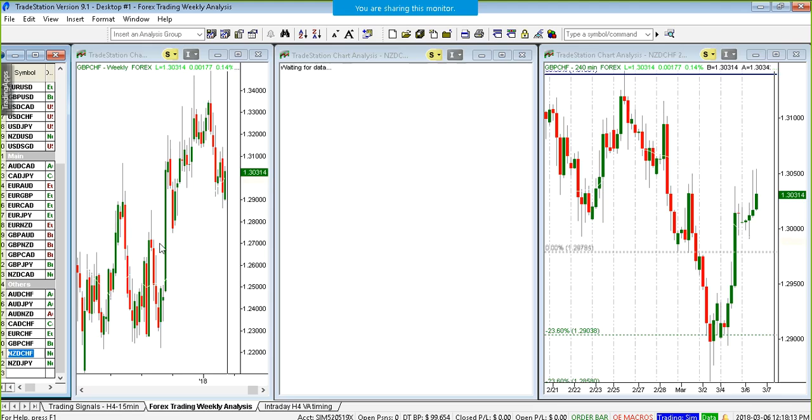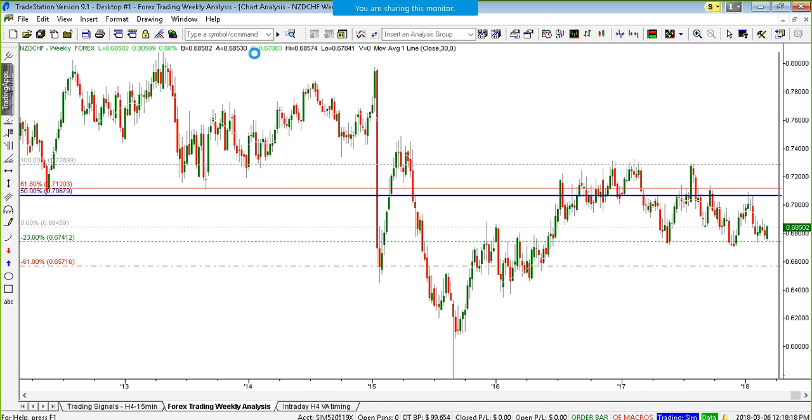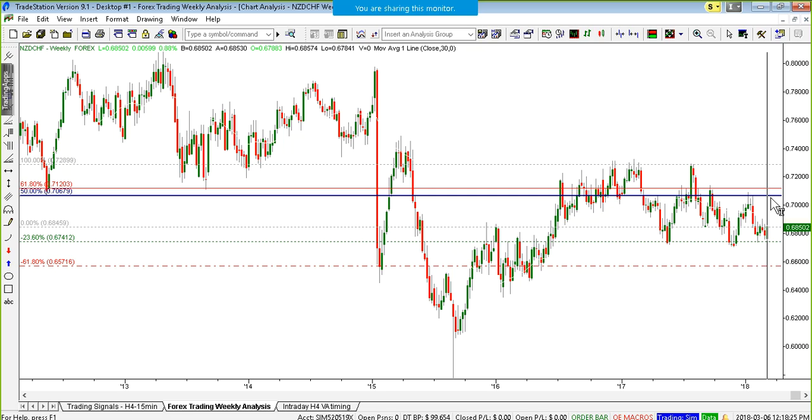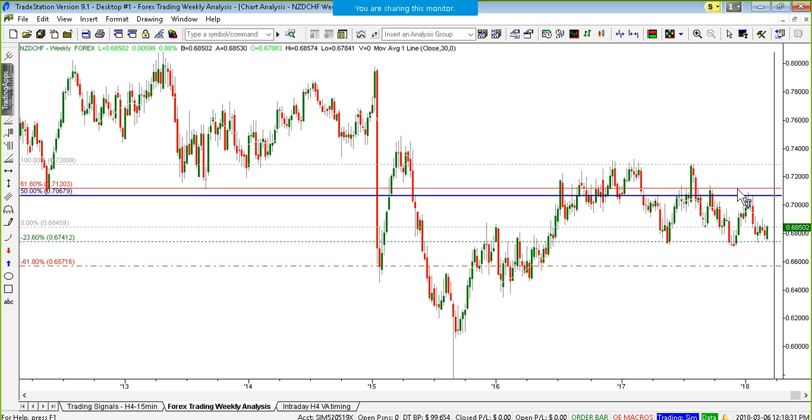New Zealand dollar Swiss franc. This market has also tested support here, and we also had this previous measure move where price stopped at the first target.